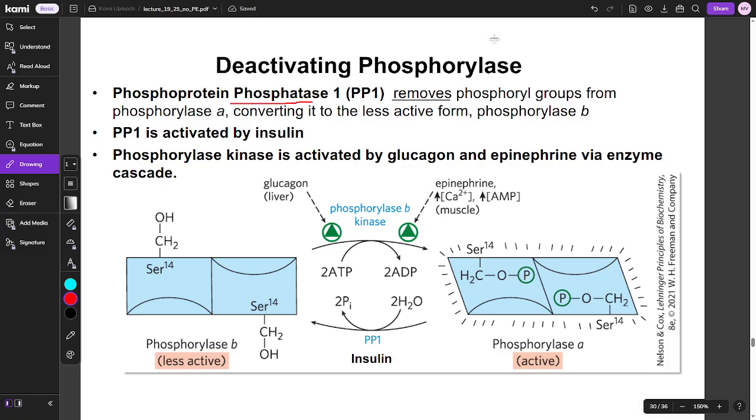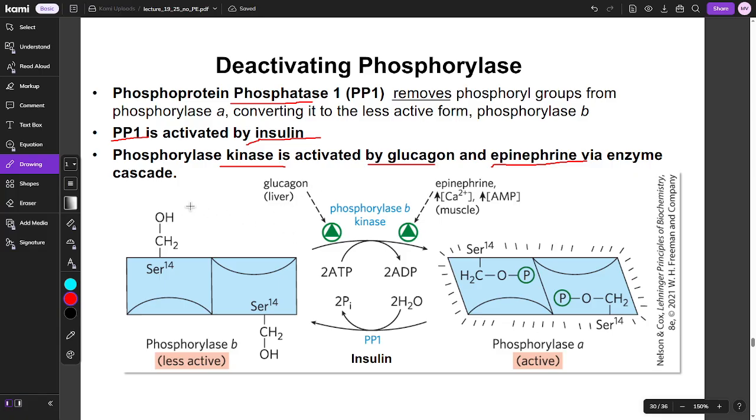Insulin. Insulin triggers dephosphorylation, and lo and behold, PP1 is activated by insulin. And the opposite, though, is the kinase. The kinase would be stimulated by glucagon and epinephrine. So you can see how I'm able to predict these before it even shows up in these slides.